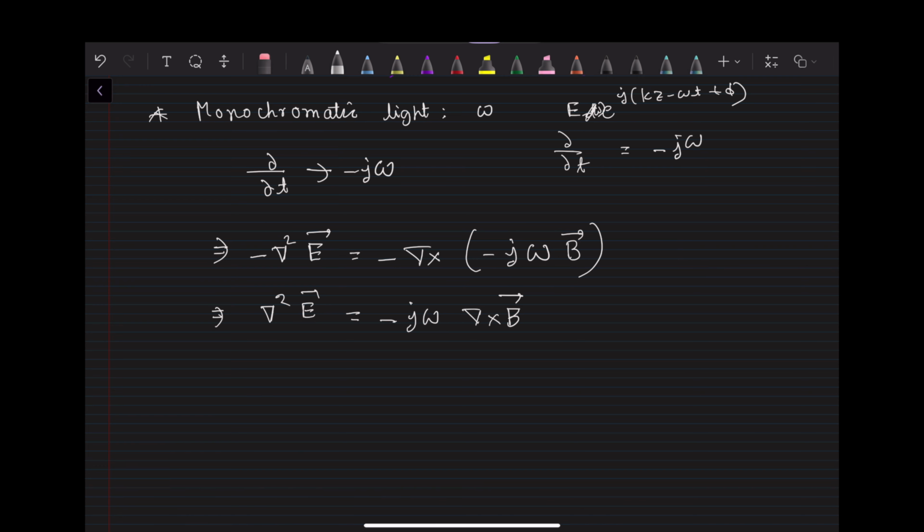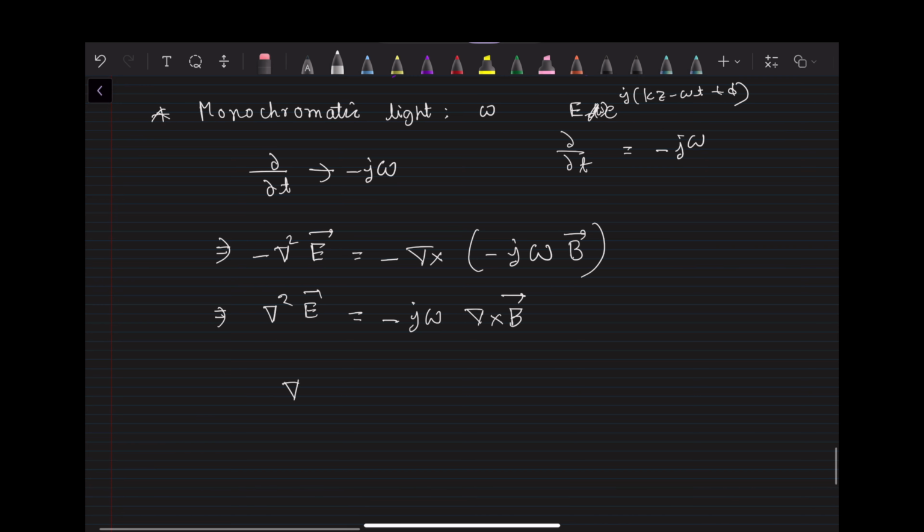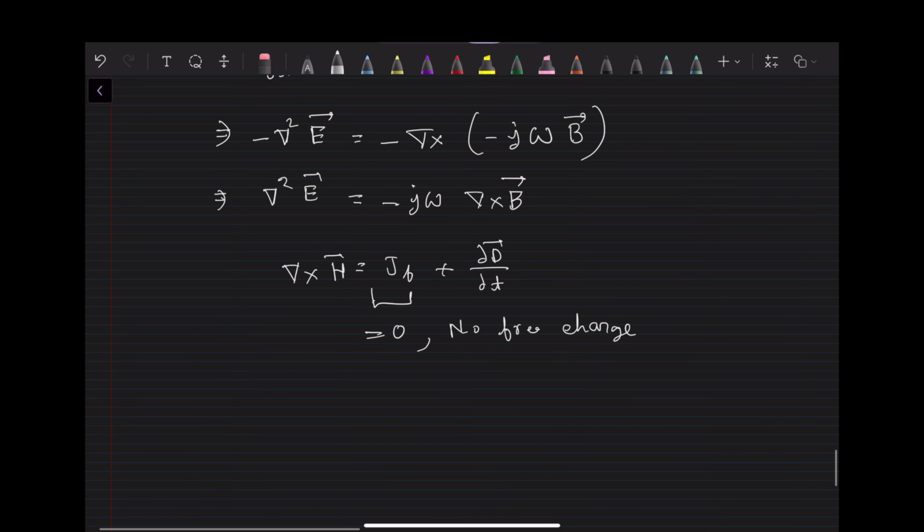Here again we have to use another Maxwell's equation we already know. Here we are assuming this to be 0, no free charge, then we are left with this in terms of the magnetic field.